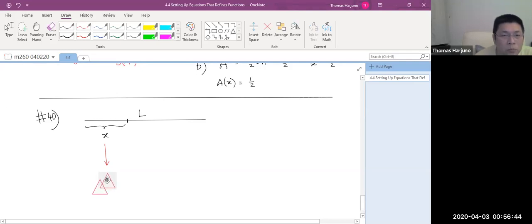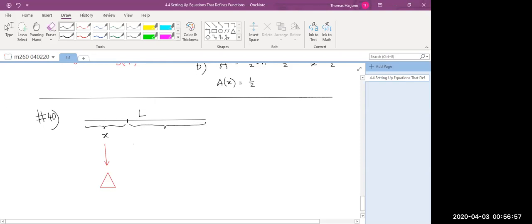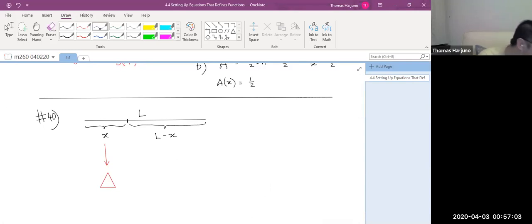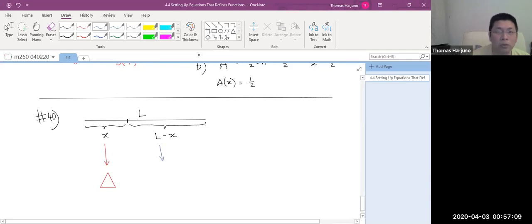How about the remaining, by the way? What is the length here? L minus x. That's L minus x, and we will bend that into a square.